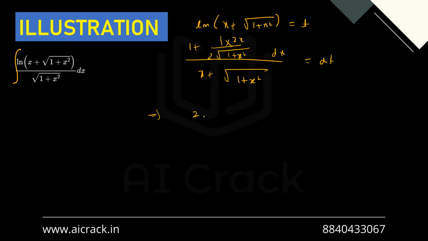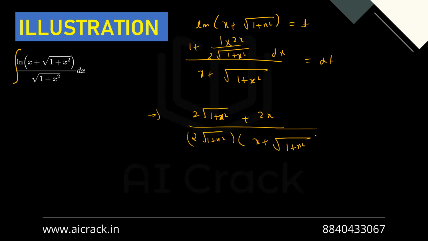We'll be getting 2 times under root 1 plus x square plus 2x divided by 2 times under root 1 plus x square multiplied by x plus under root 1 plus x square, dx equals dt. So we can clearly see that this 2 gets cancelled from here, and this entire expression gets cancelled with this one. So we eventually got dx divided by under root 1 plus x square equals dt.